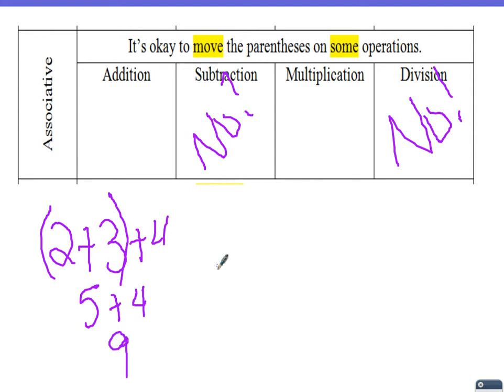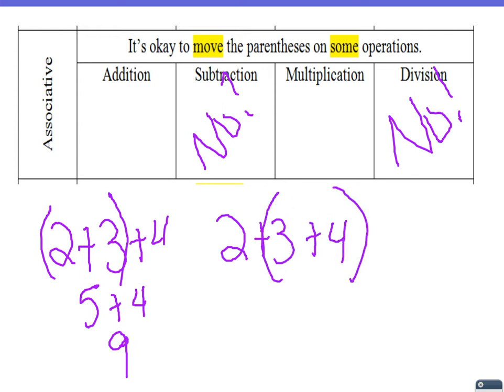Okay, well, let's see how this works. So I'm going to move those parentheses to here, and that's still a plus sign. So 2 plus 3 plus 4 is 7, which gives me 9. Here's how it looks.